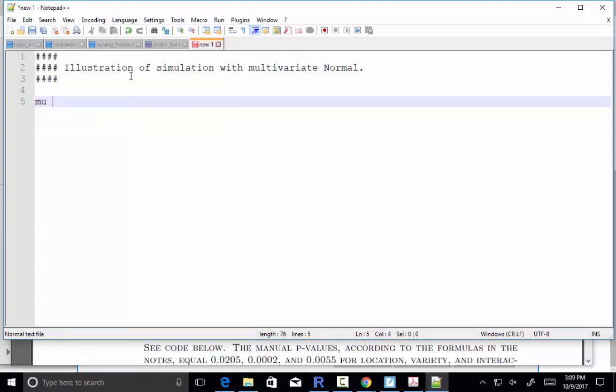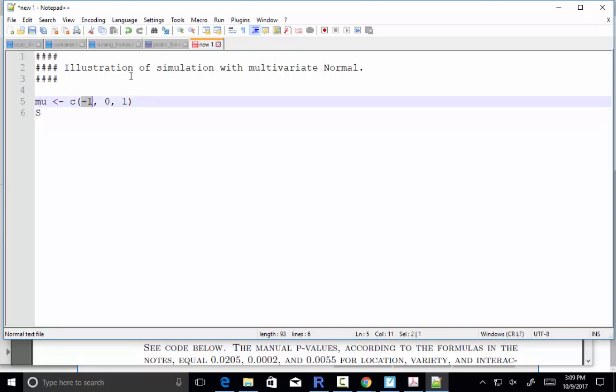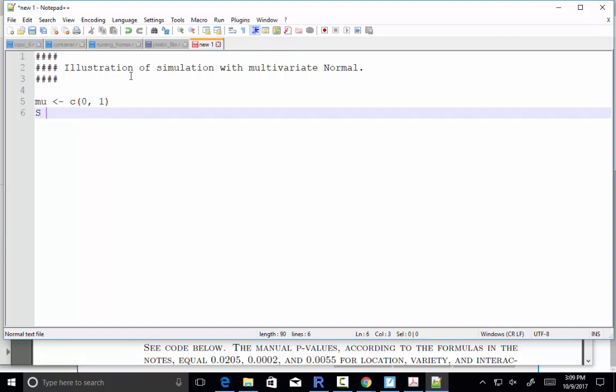Let's suppose that the mean vector is some number. We'll make it a three-dimensional problem. And let's suppose that, well, to make it simpler, how about we do just two-dimensional? So 0, 1. And let's suppose that the covariance matrix is, let's say, 1, 0.8, 0.8, 1.